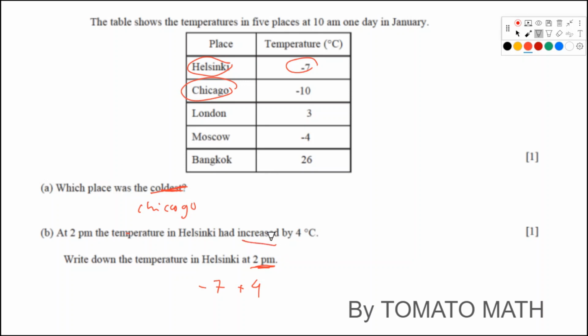Increased means we add. So -7 plus 4, it will be -3. So this is the answer. -3 Celsius is the temperature at Helsinki at 2 p.m.